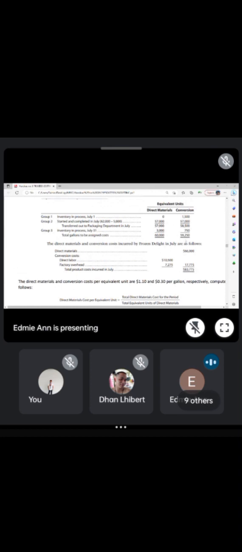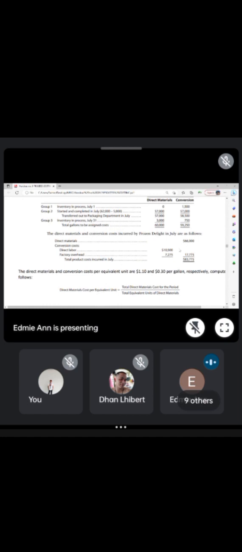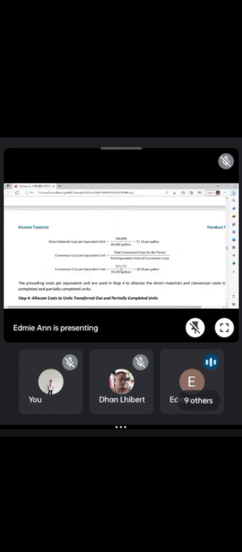Kay di ba as to conversion cost, ang isa 30% na lang ang kulang, ang isa 25% lang ang natrabaho. So as to conversion cost, ang assignan nimo nga units would be 59,250. So mao na siyang imuhang gamiton nga denominator. Okay?